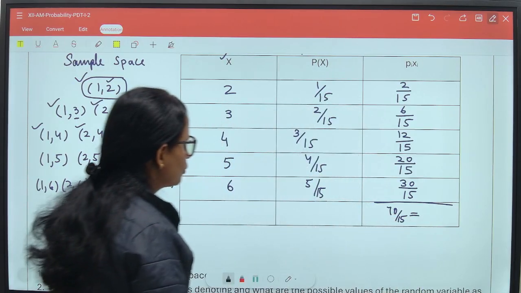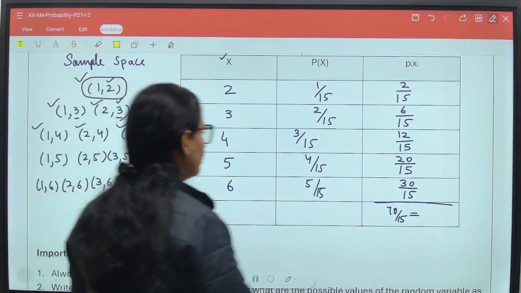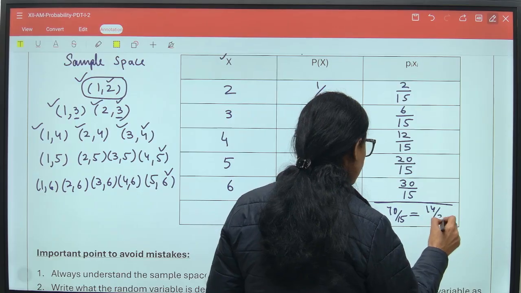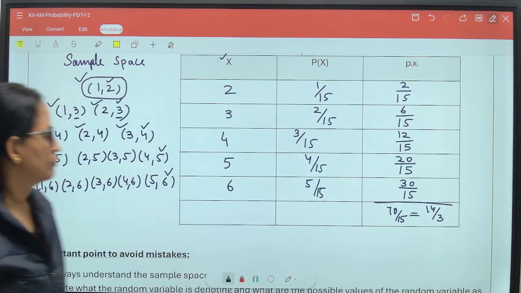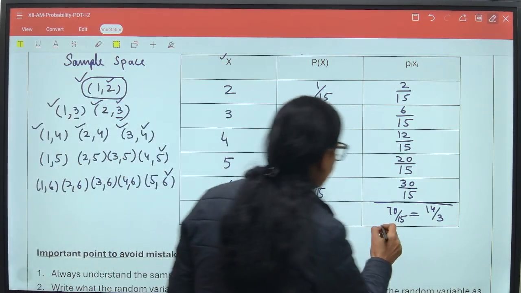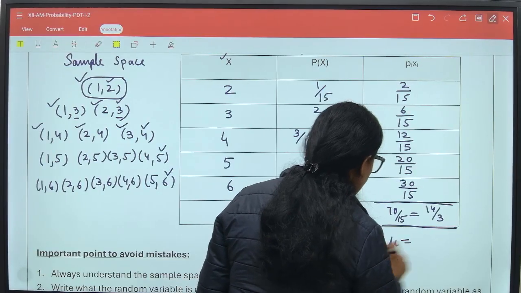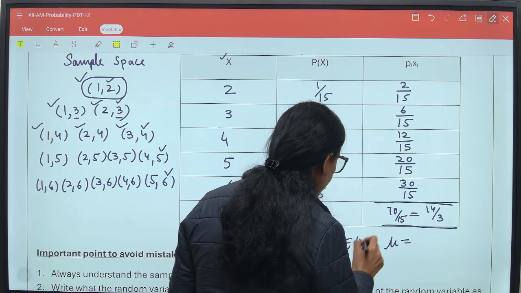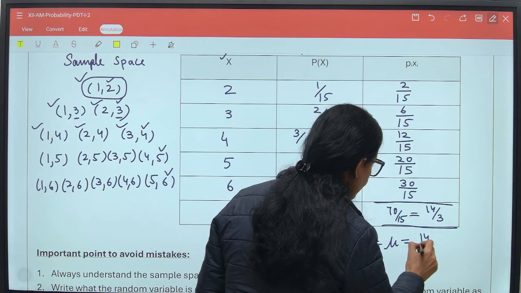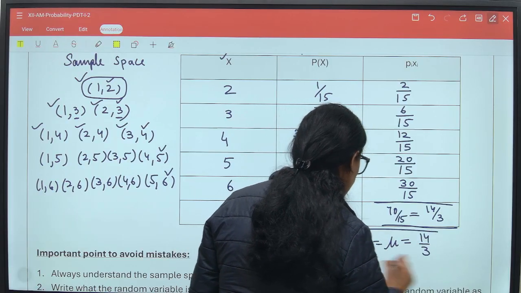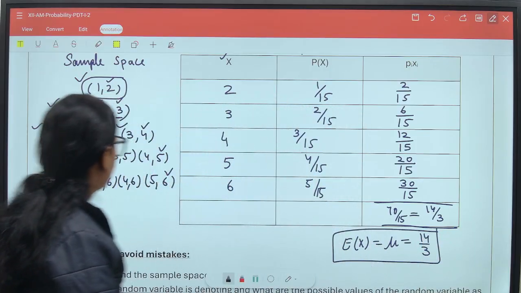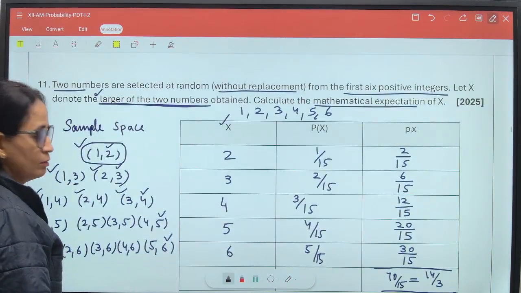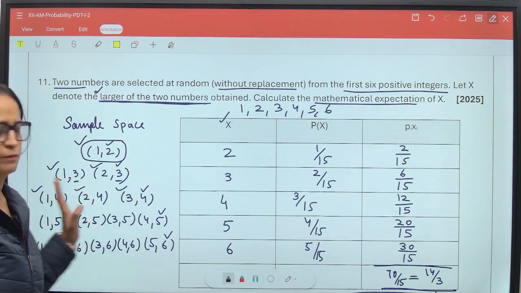If you reduce it to lowest form, it will be 14 by 3. Right? So this is the mathematical expectation. It can be denoted by mu or E(X), that's the same. So it is 14 by 3 for getting a number larger than 4. Clear? Is this question clear?